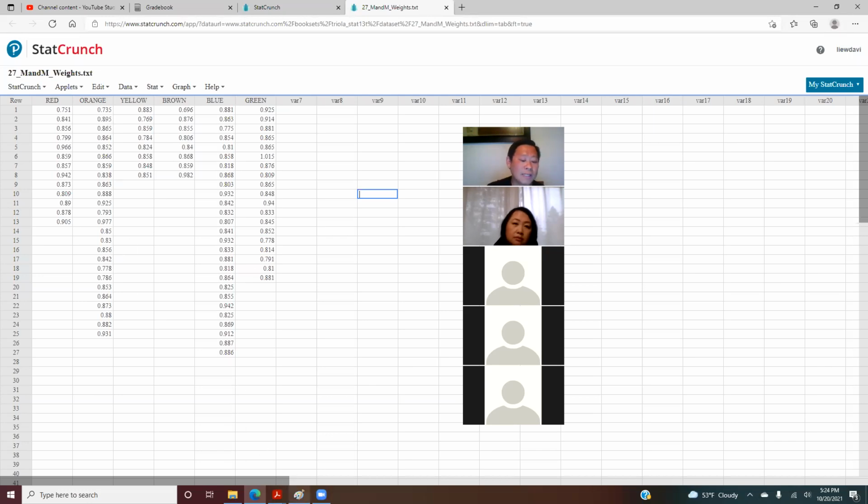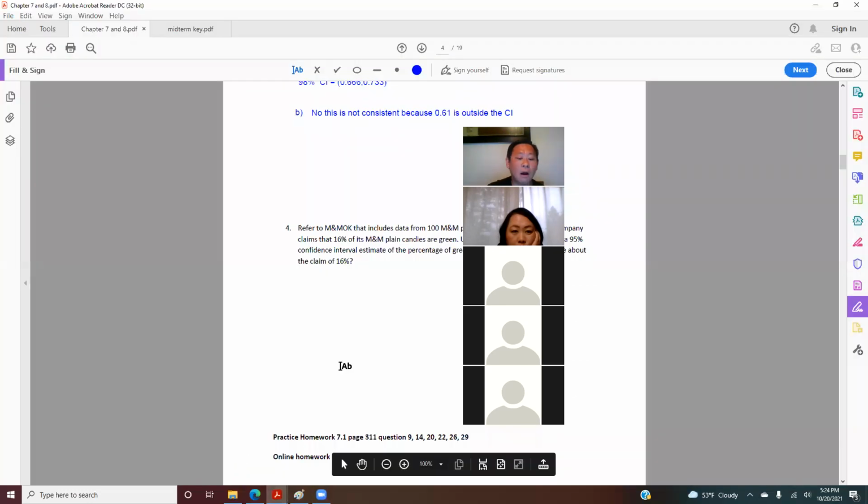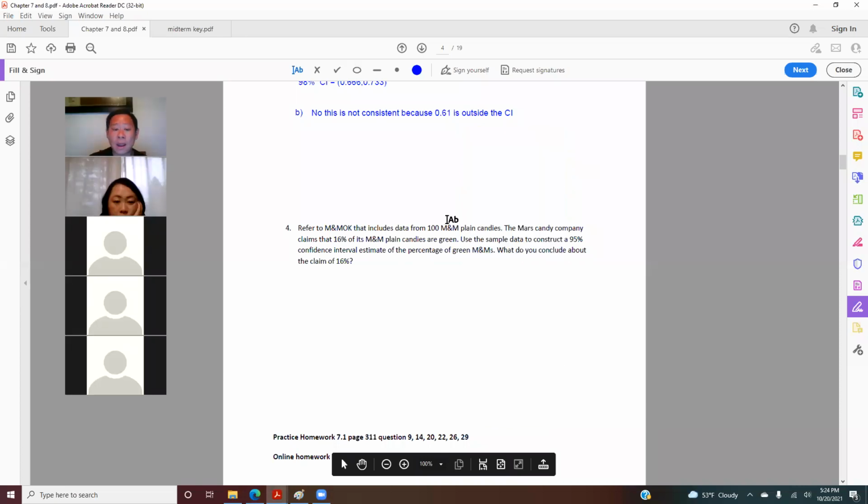So the question is asking us, based on this M&M file here, there are 100 M&Ms, and the Mars company, which is the candy bar, says that 16% of the M&Ms are green.